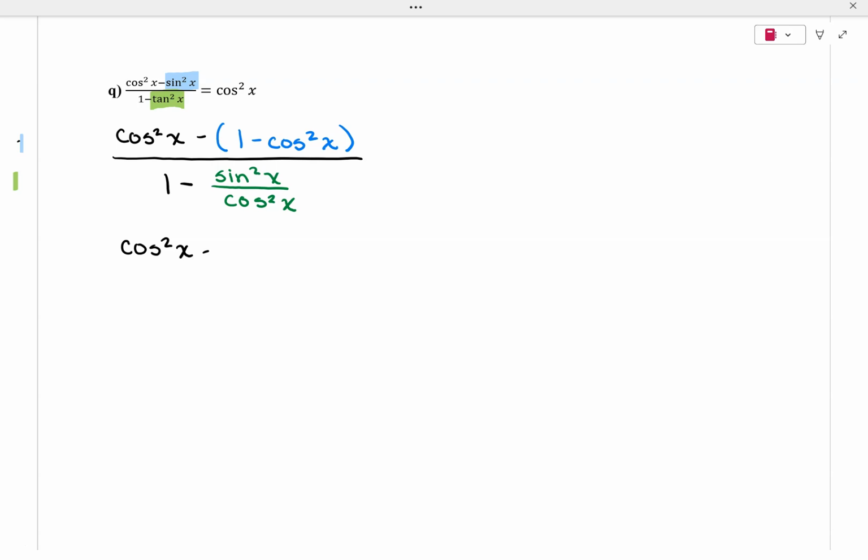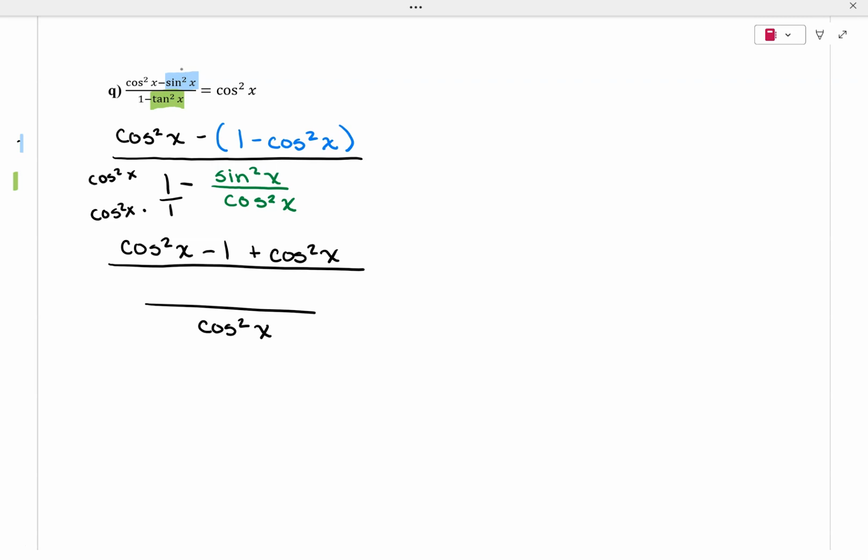Cosine squared of x minus 1 plus cosine squared of x over, now we're going to need a common denominator of cosine squared here. So remember that's over 1 multiplied by cosine squared of x. So it looks like we're going to have cosine squared of x minus sine squared of x.